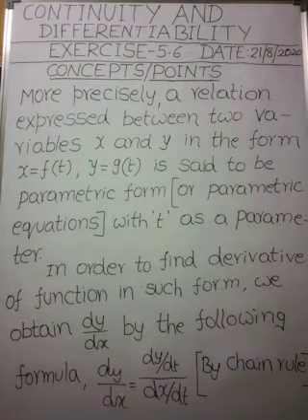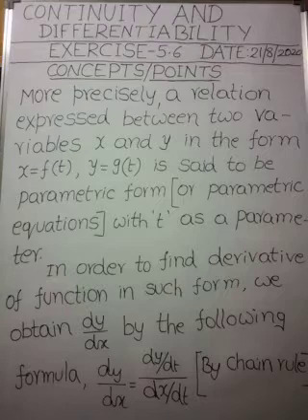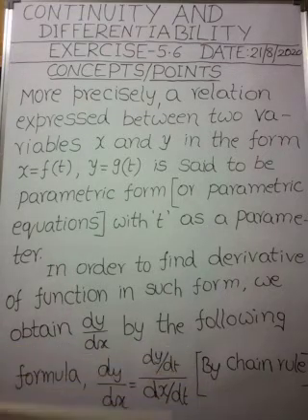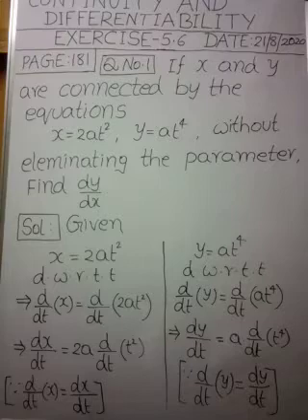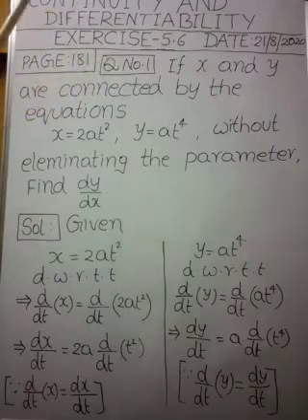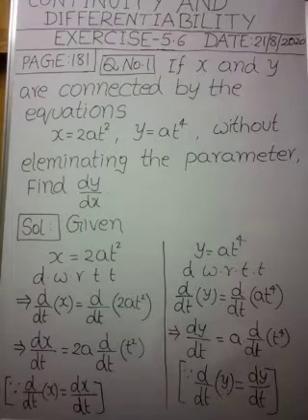This is also a chain rule. Understood this point, my dear children? This is the only important point in this exercise. Okay, my dear children, got it? Right. Let us take an example as well as the questions in exercise 5.6 to understand this concept well.